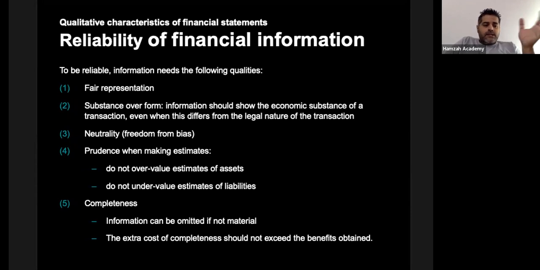Similarly, when there is uncertainty about a liability, caution should be made to ensure that liabilities are not understated, right? So we have to ensure these things.